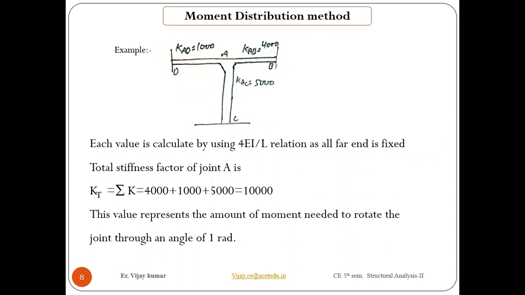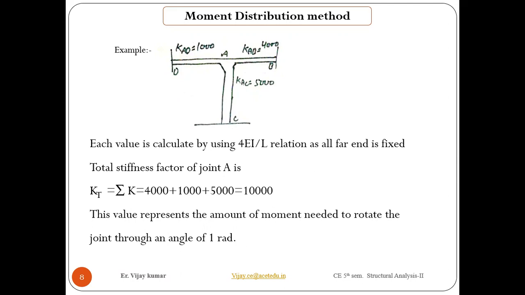Right. The unit you can calculate from EI by L: E is Newton per meter square, I is meter to the 4, divided by L. So you can solve it and get the values of the stiffness factor here. That much moment is needed to rotate my beam by one radian, which I get to know after calculating the stiffness factor.